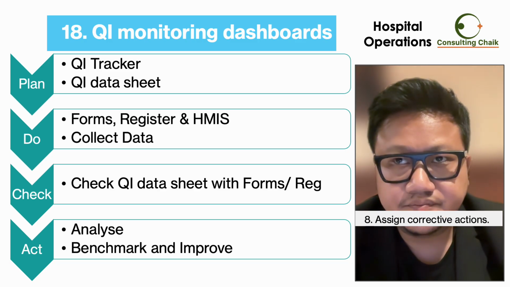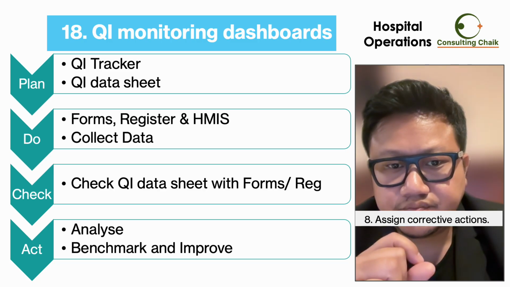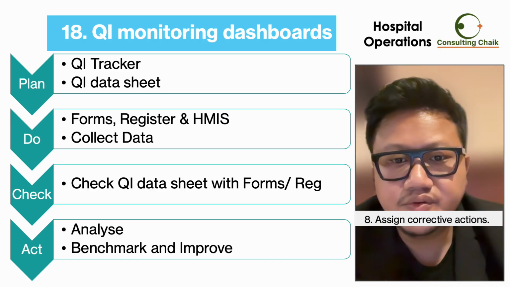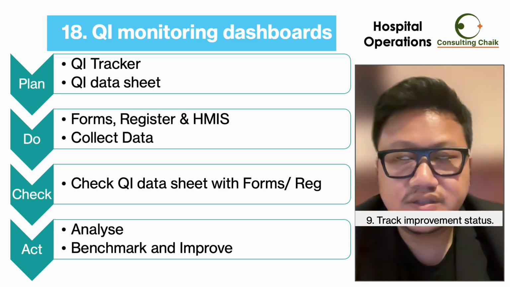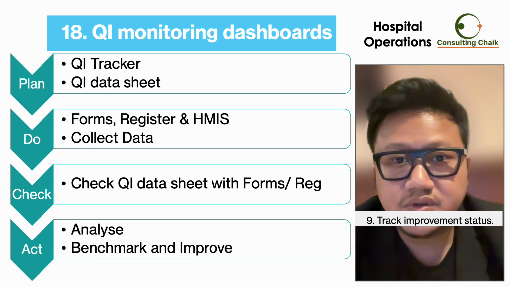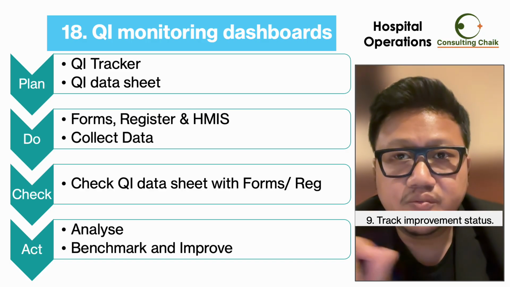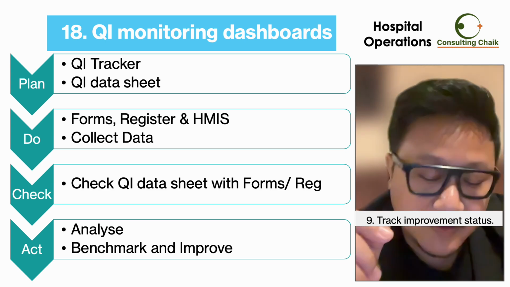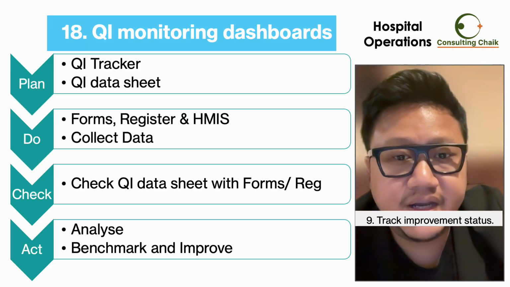Once you understand that these need to be done, then you assign corrective action, do it, and track improvements, and in the QI dashboard you'll be able to see the kind of improvements you are able to make. In the QI dashboard you should also have an RCA-CAPA table.